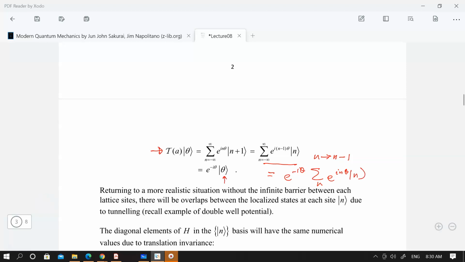So in other words, when you operate your translation operator onto theta, I will get some eigenvalue times theta. Okay, so that settles it. So I have now constructed a simultaneous eigenstate of the energy with the translation operator.